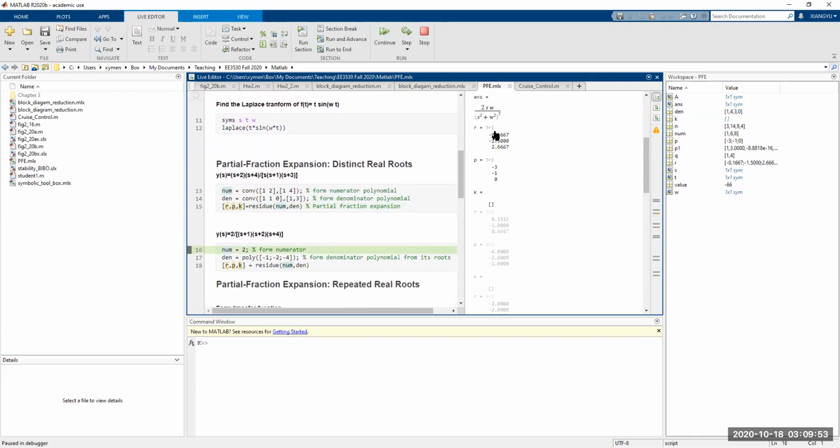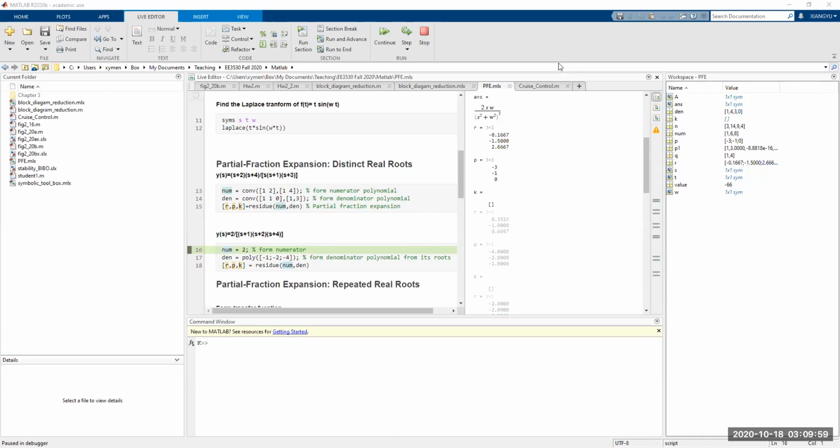Here we have the result for the partial fraction expansion. R is the coefficients, and P is the roots of the denominator. We have minus 3, minus 1, and 0. For s plus 3, the coefficient is minus 0.1667.